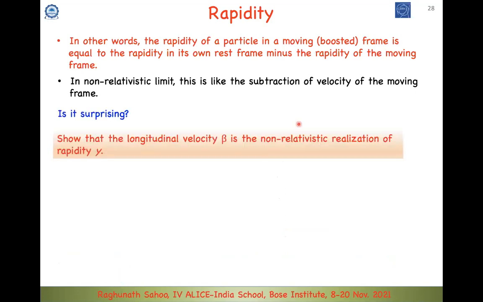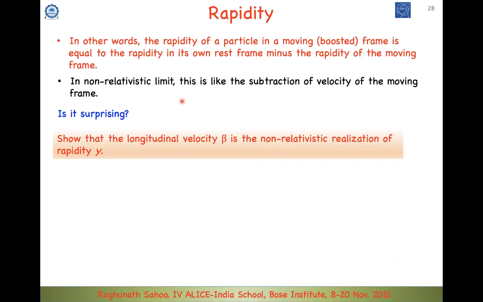In other words, the rapidity of a particle in a moving or boosted frame is equal to the rapidity in its own rest frame minus the rapidity of the moving frame. That is what I showed you, and the most important thing was the shape invariance. In a non-relativistic limit, this is like the subtraction of the velocity of the moving frame, as you recall from Galilean relativity.